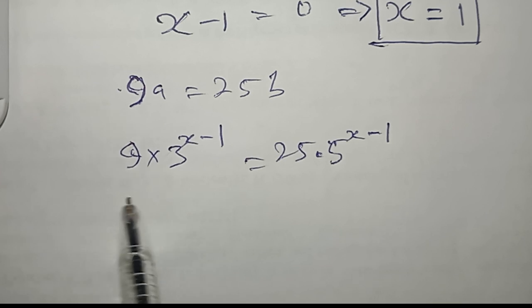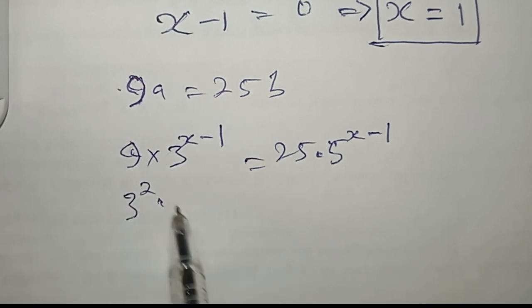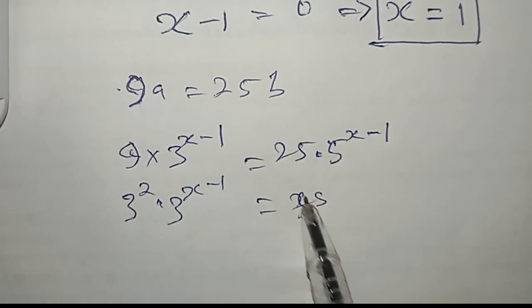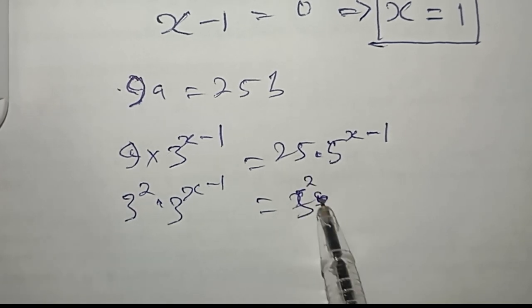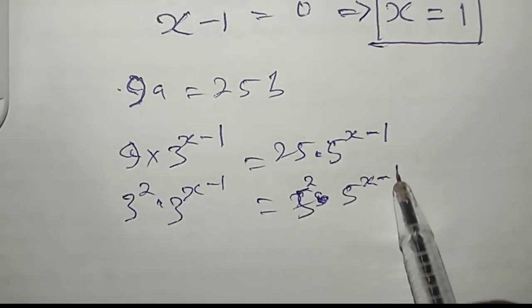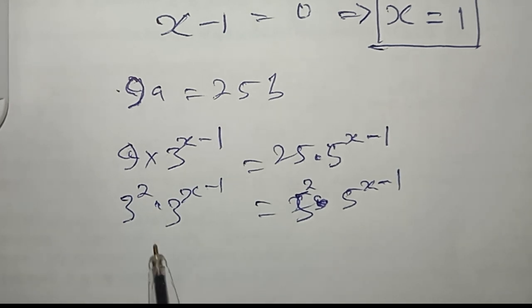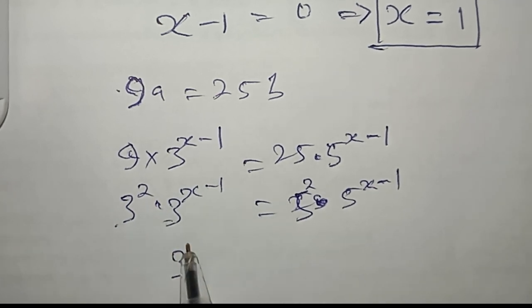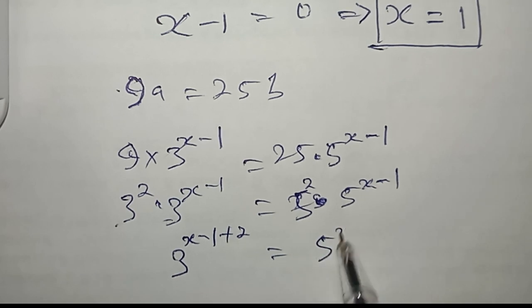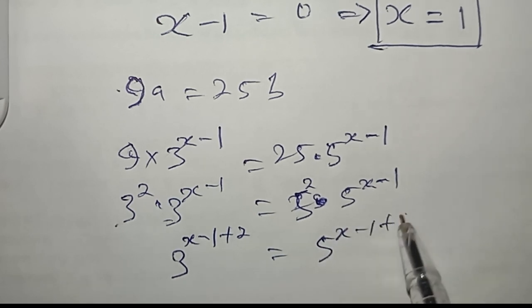So this 9 is 3 squared multiplied by 3 power x minus 1 is equal to 25, which is actually 5 squared multiplied by this 5 power x minus 1. Since they have the same base, using the rule of indices, I'm going to add the powers. So this is 3 power x minus 1, and then plus 2 is equal to 5 power x minus 1 and plus 2.